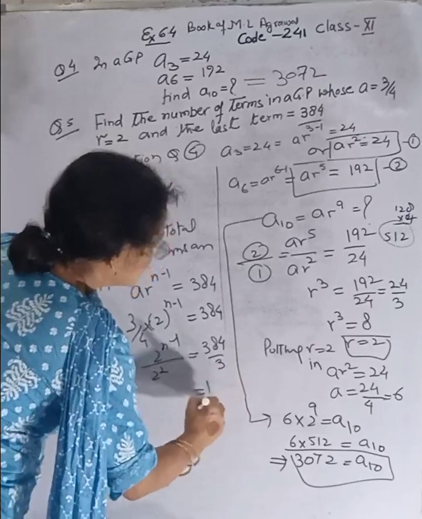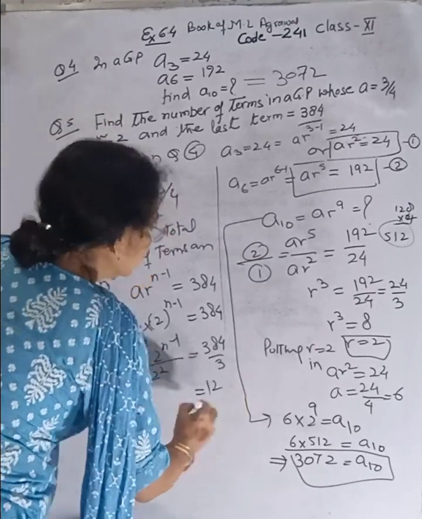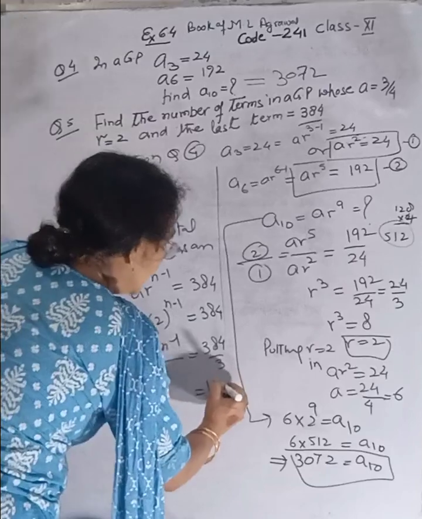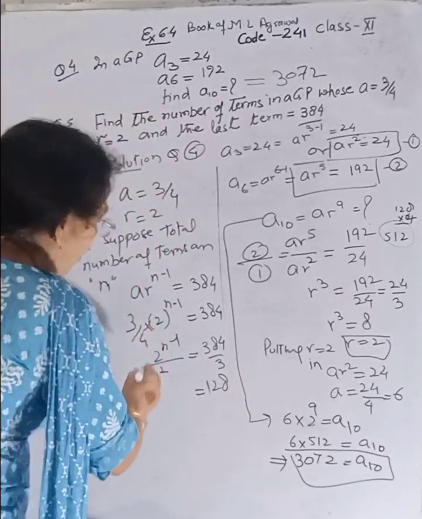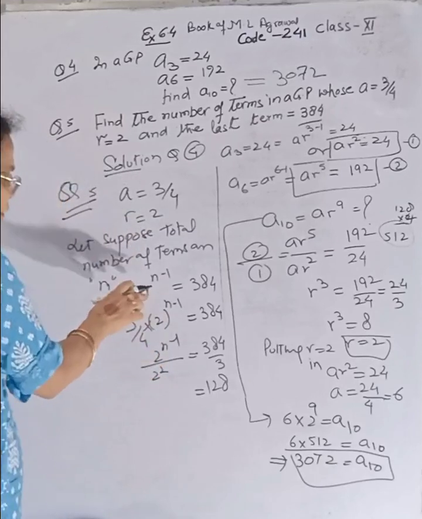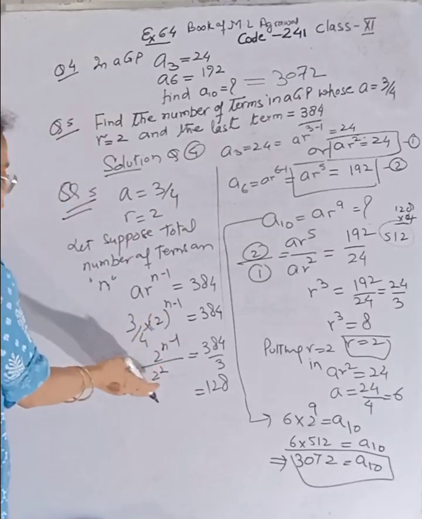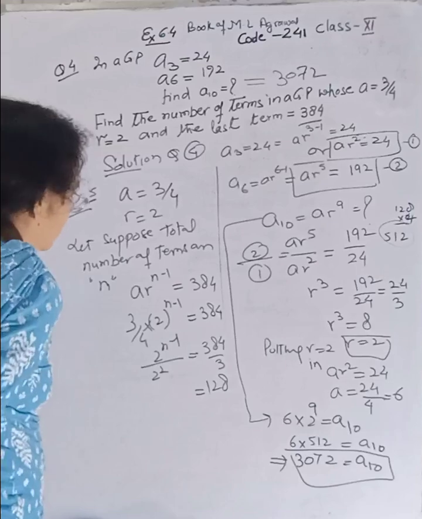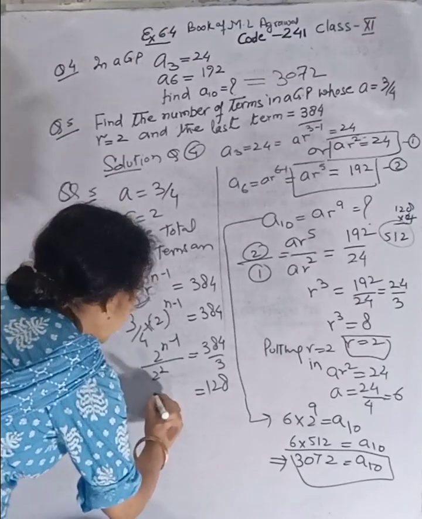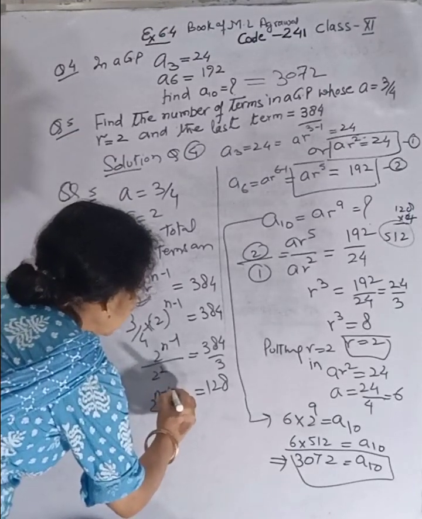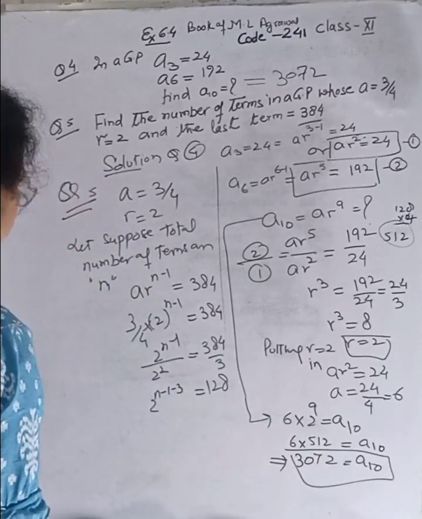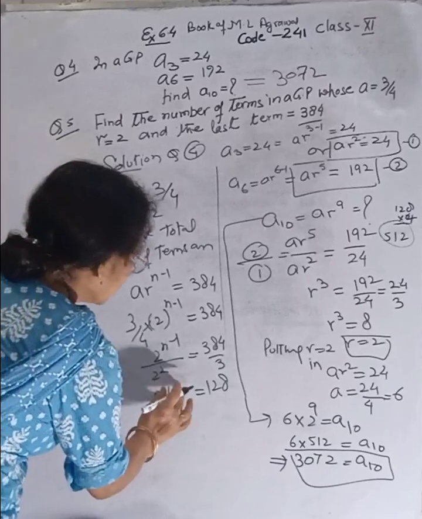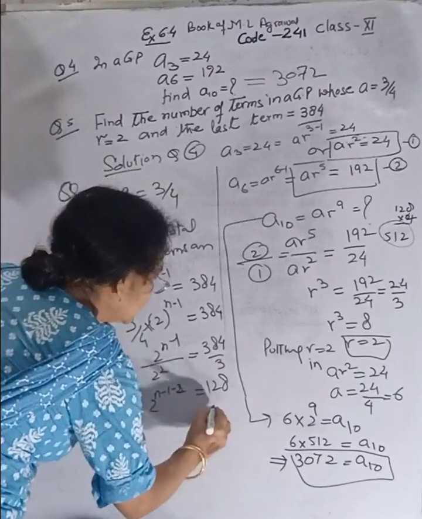That is equal to 3 1s are 3, 3 2s are 6, 3 8s are 24, 128. Or we can say this power will go upward, denominator to numerator. So then we'll get 2 to the power N minus 1 minus 2, sorry, minus 2 is equal to 128.